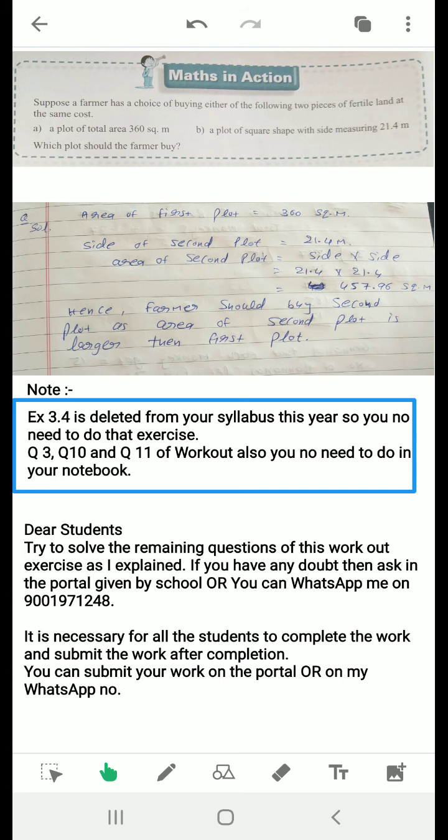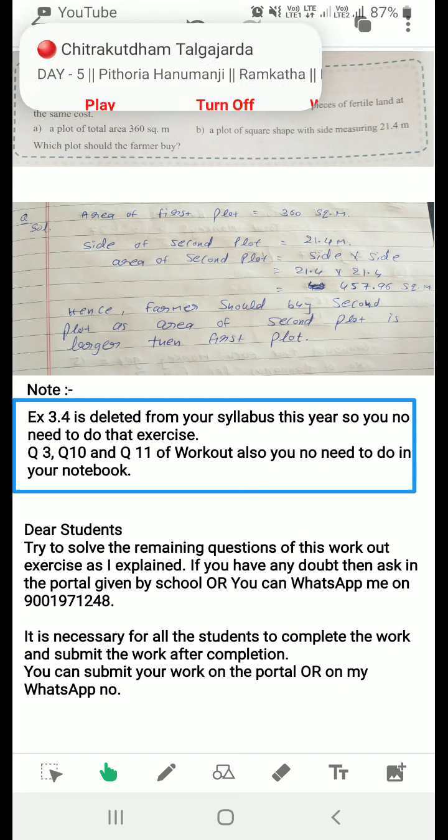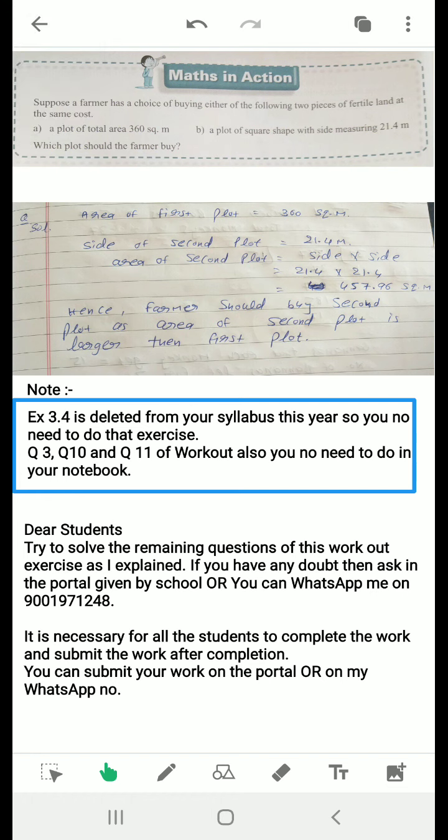As we can see, the area of the second plot is greater than the area of the first plot. The area of the first plot was 360 and the second plot is 457, and the cost of both of the plots is the same, as it is given. So the cost is the same, and he will definitely buy the plot which has more area. So the farmer should buy the second plot, as the area of the second plot is larger.